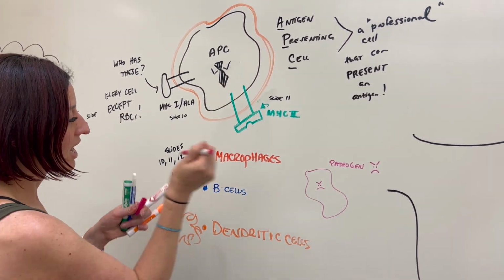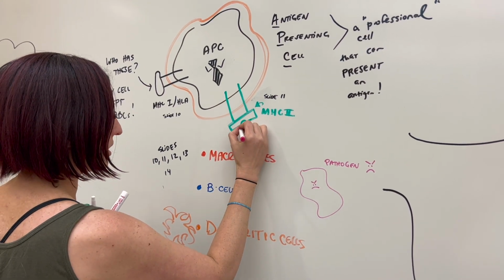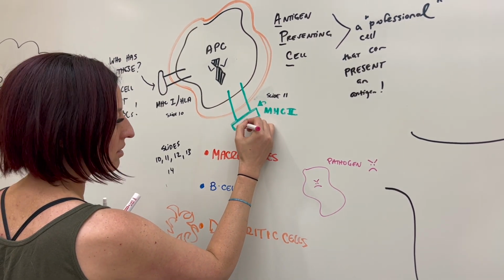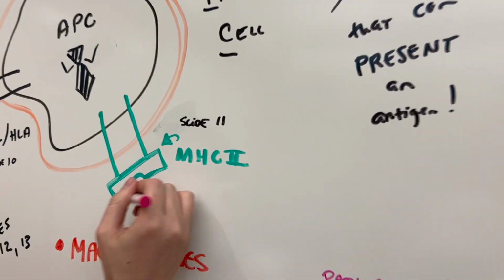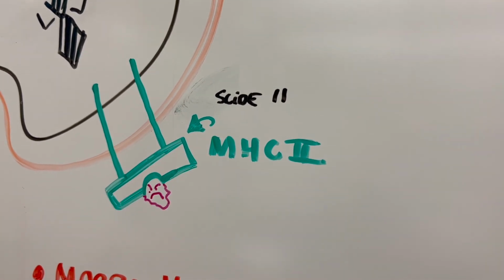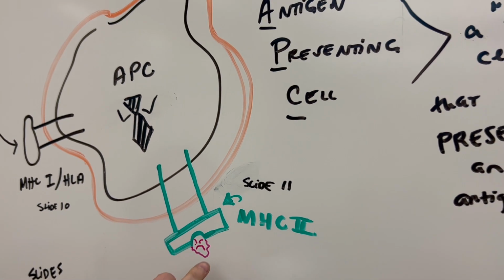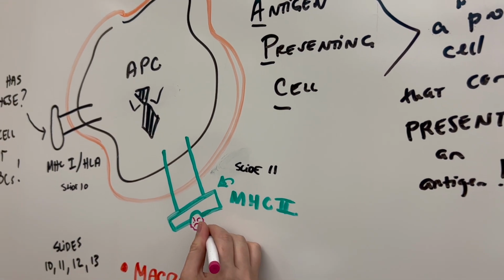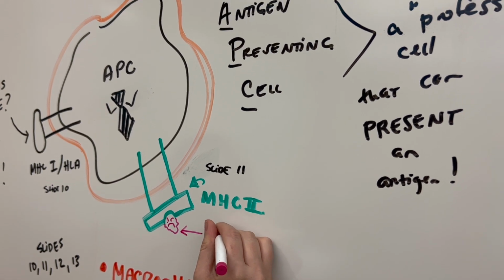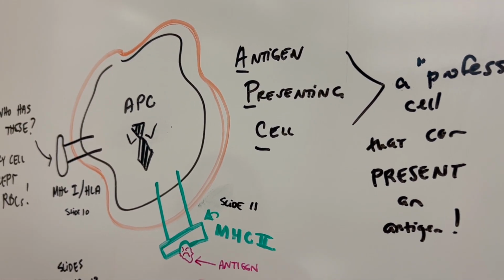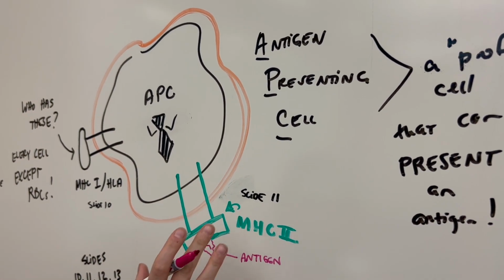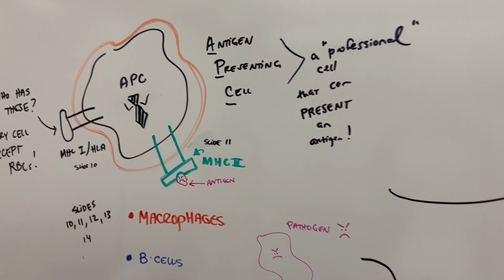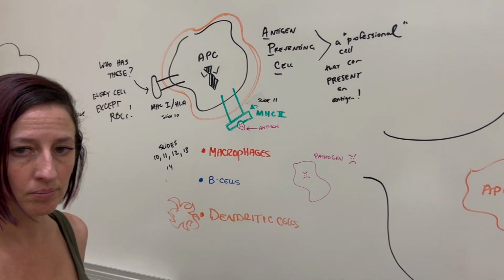Then it's going to take some of this guy and put it here. Okay, so that's just a little piece of this guy. And so then we take the antigen on the MHC2, and the APC will take that to go interface with the rest of the story.